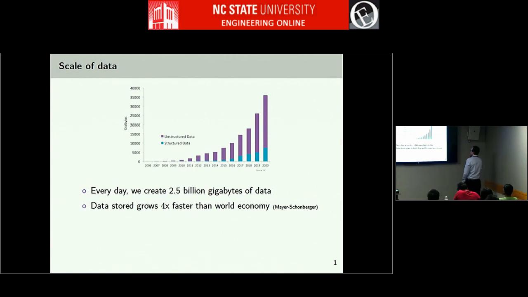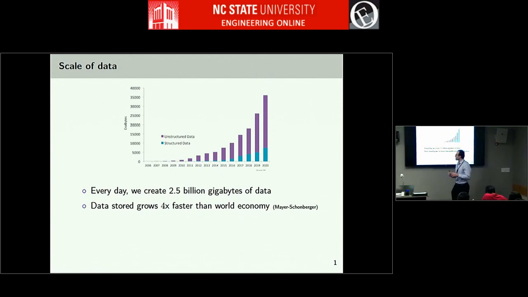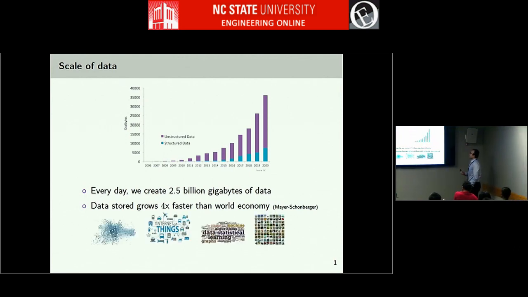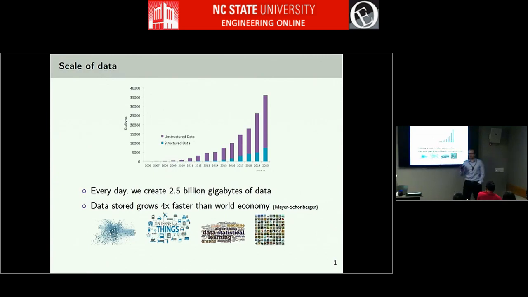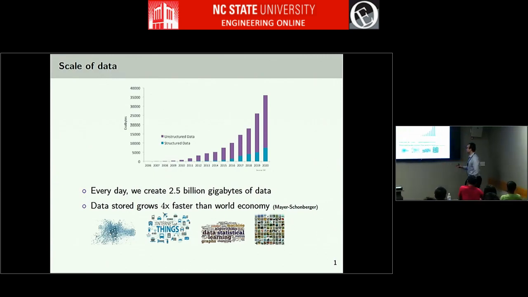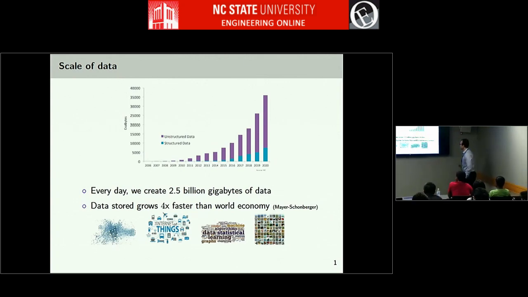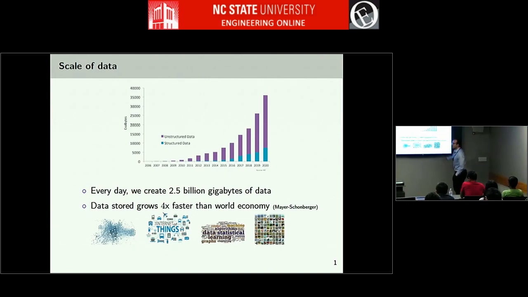So this makes us think we should come up with different ways of storing, analyzing, and optimizing using large data sets. We have data sources from networks, Internet of Things, connected devices with lots of sensors. We have very large collections of text from news sources and online websites. We have very large image collections.